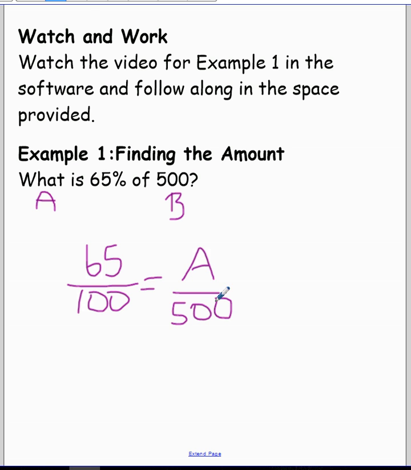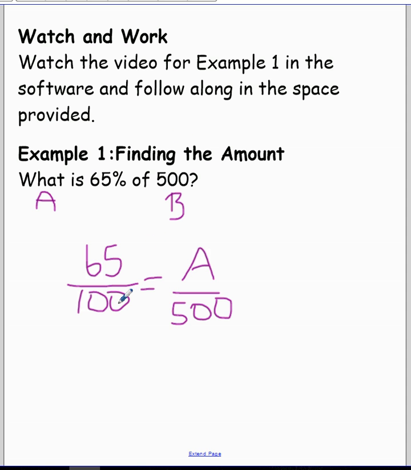Now you might notice that our percent proportion here, 65 over 100, can be simplified. You can reduce fractions if you want to, but it's not necessary. I never worry about whether or not fractions in proportions can be simplified. To me, it's just wasting time, because I can use my calculator to help me do the multiplication and the division. So I just go at it as it is.